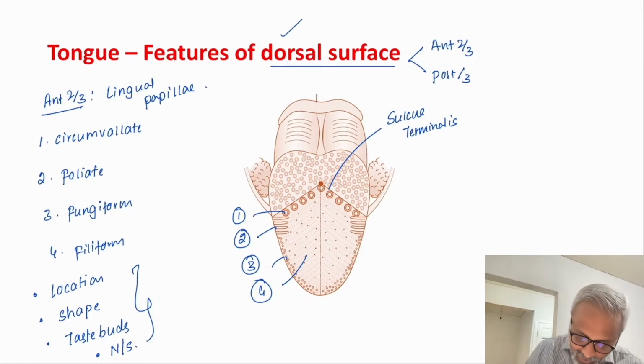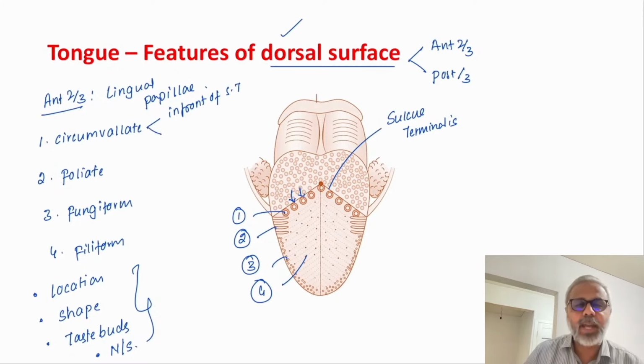For example, where is circumvallate papilla located? Circumvallate papillae are one of the largest lingual papillae located in front of sulcus terminalis. Right? Then what about shape?